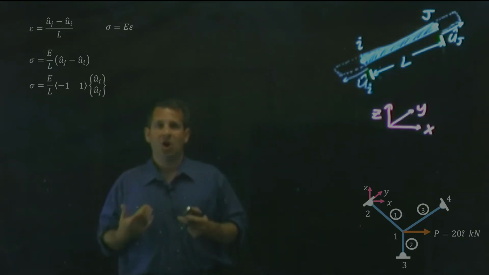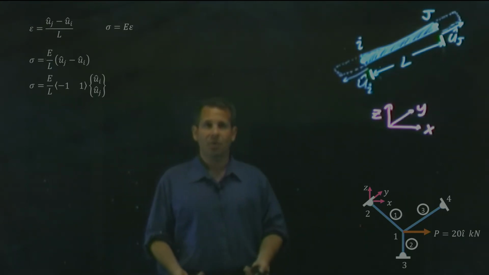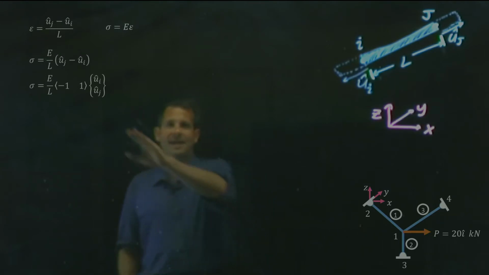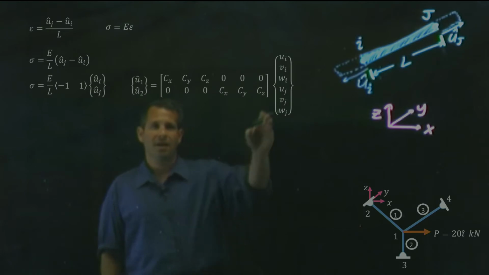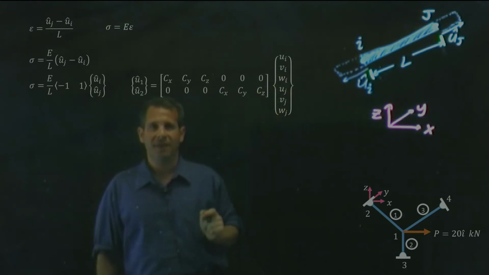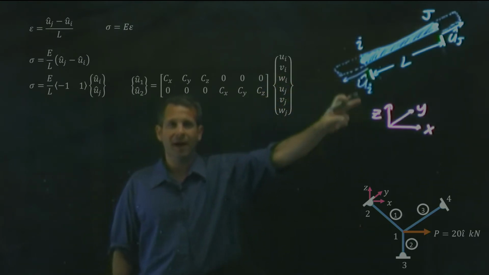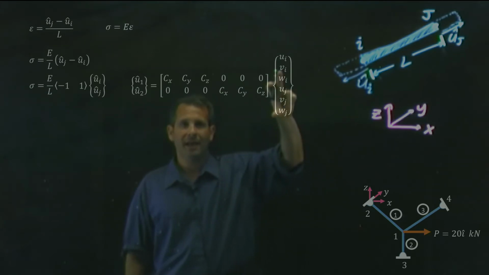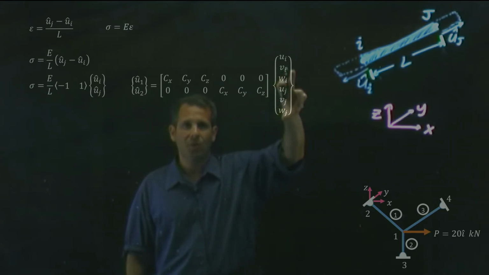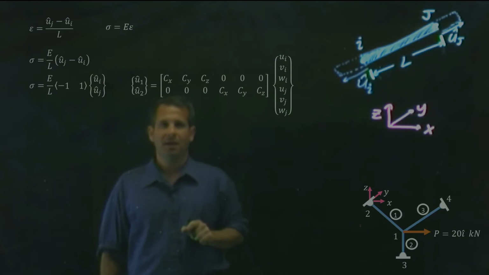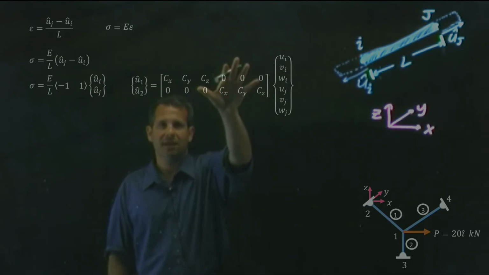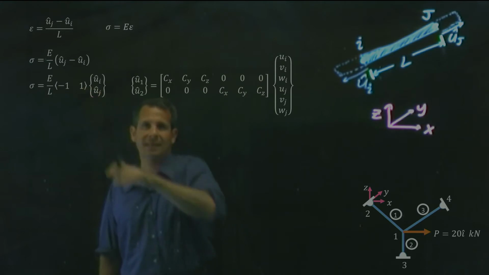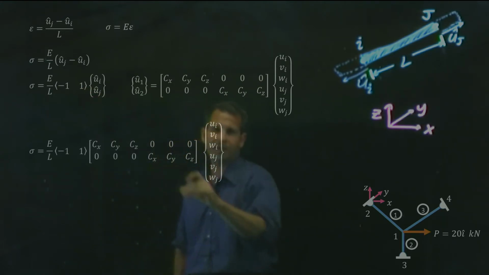Now we just solved for the displacements in the global coordinate system. I can get this vector by replacing it with the displacement vector for a particular bar element in the global coordinates times the transformation matrix. So let me take this equation and substitute it into this equation. That'll yield this equation.